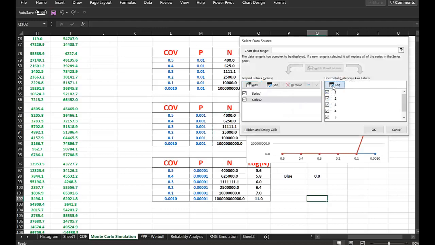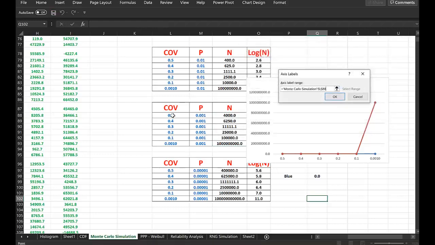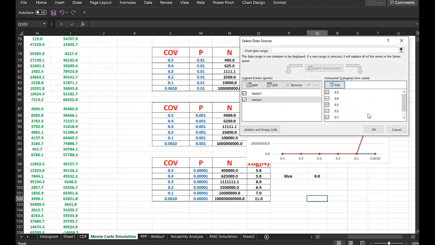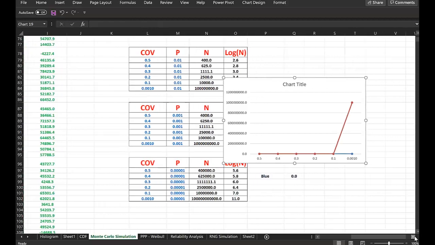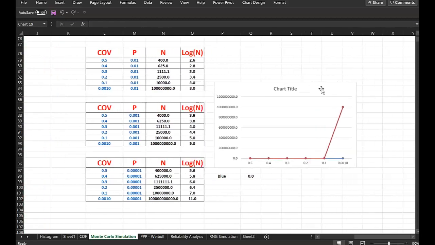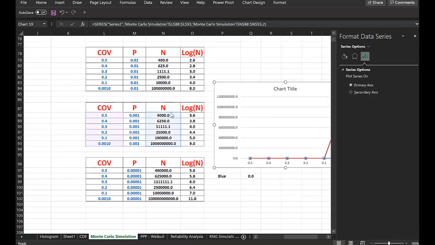On the x-axis we should plot the coefficient of variation. So this is the graph we should have. Note that this is on the logarithmic scale.